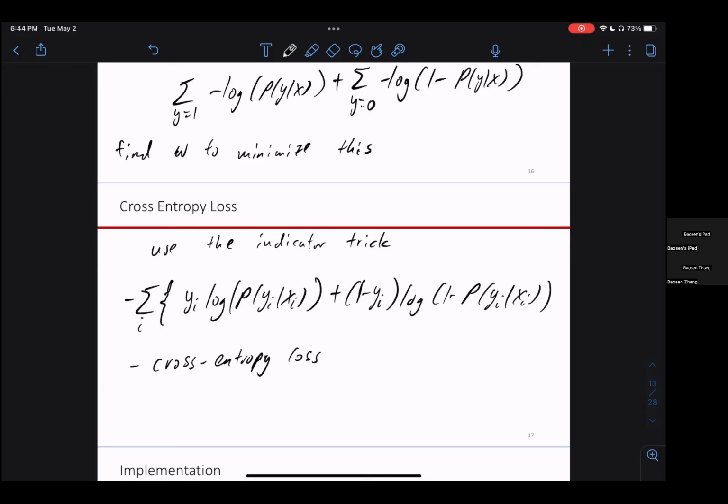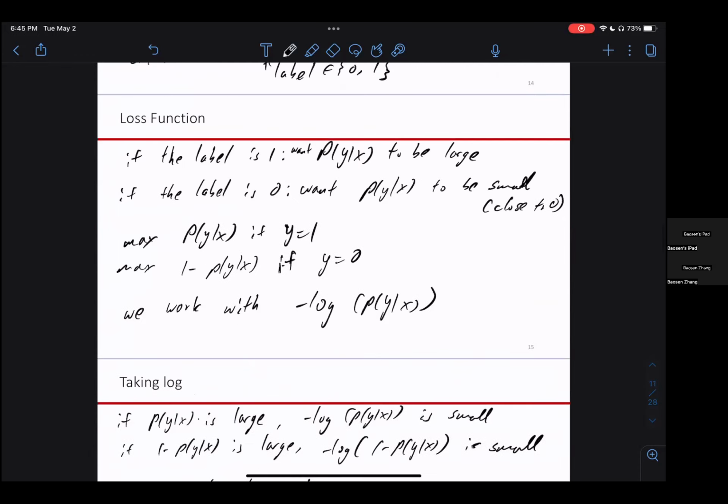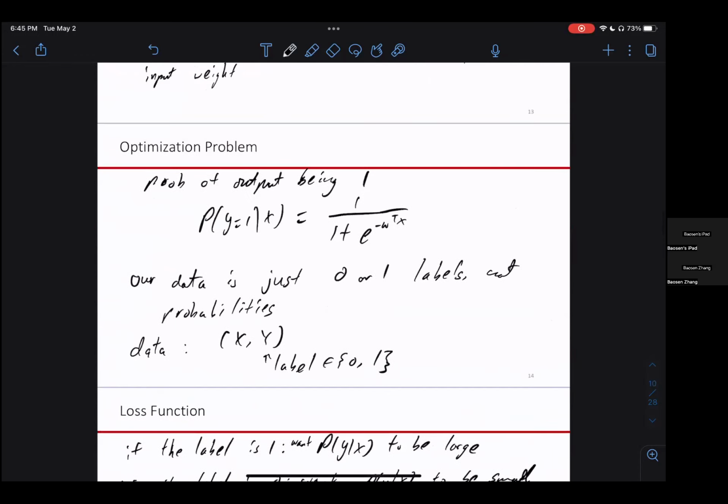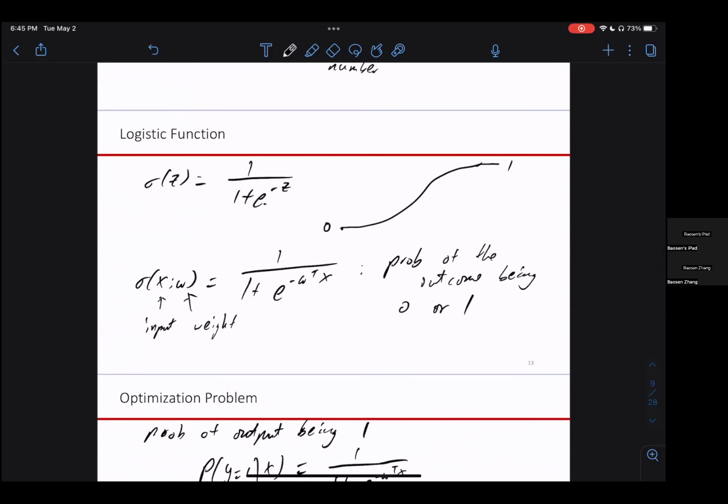There's a lot of theory behind this cross entropy loss. The reason you want to get into it is if you go back to the function that we picked, the logistic function.